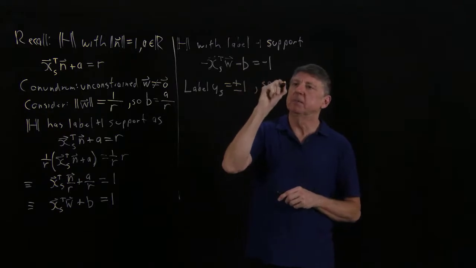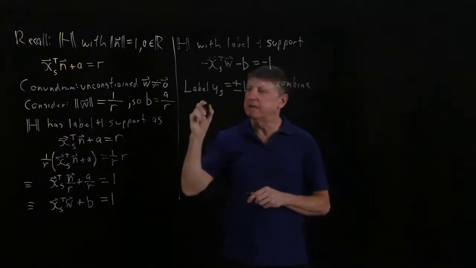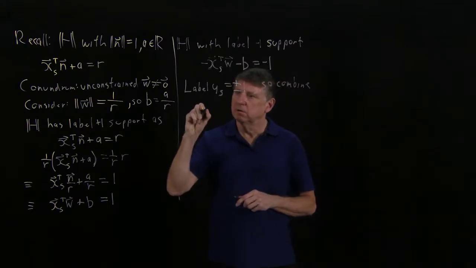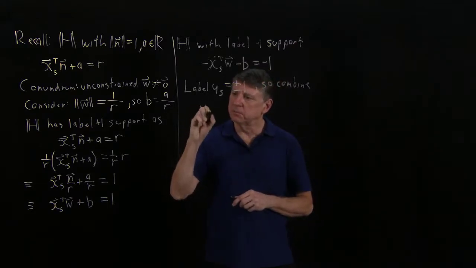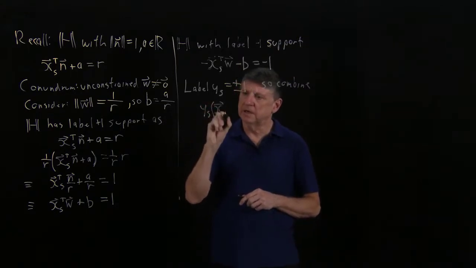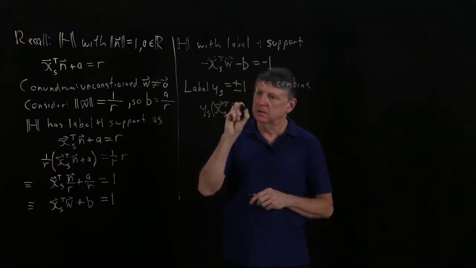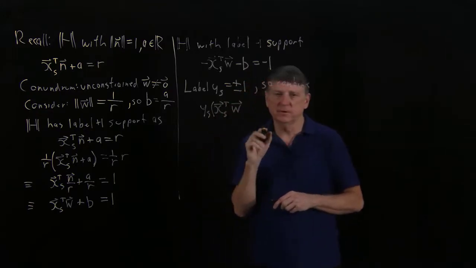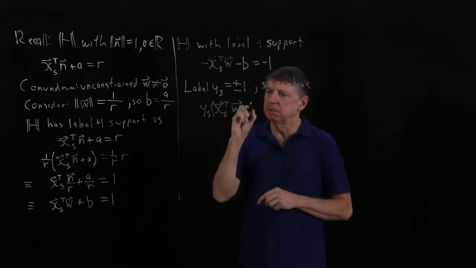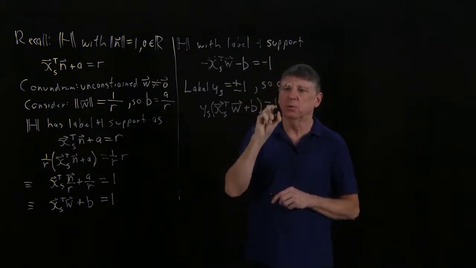So we can say that the support label times the inner product of the support vector and the weight vector that represents the hyperplane plus the bias scalar for the hyperplane has to equal 1.